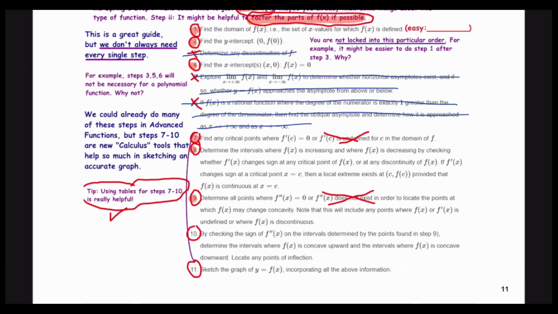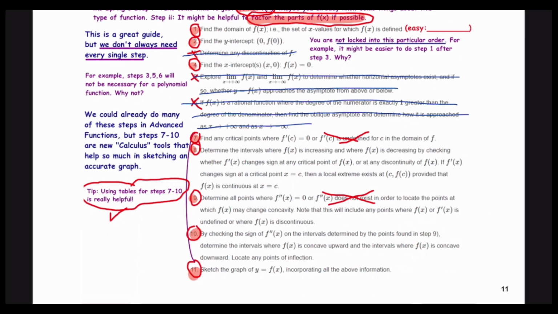Determine all the points where my second derivative is equal to 0. So once again, that's where I have a change in concavity, concave up to concave down, or concave down to concave up. Check the sign in order to determine that my concavity changed, and therefore if it did, that point in between is going to be my inflection point.